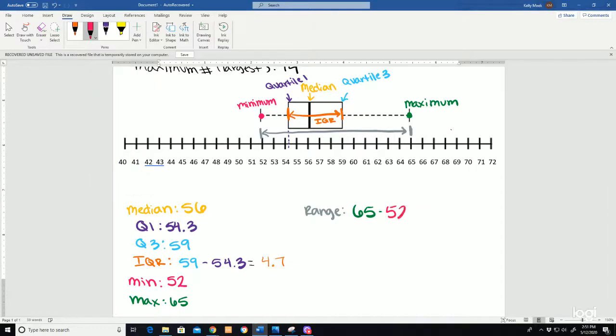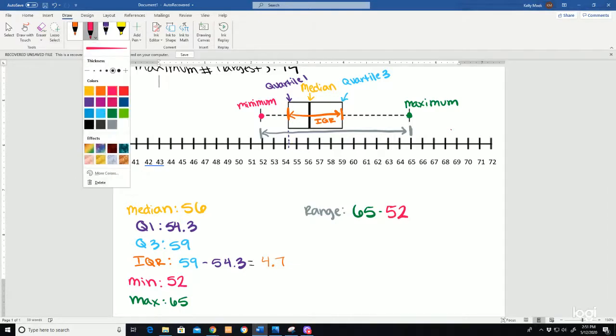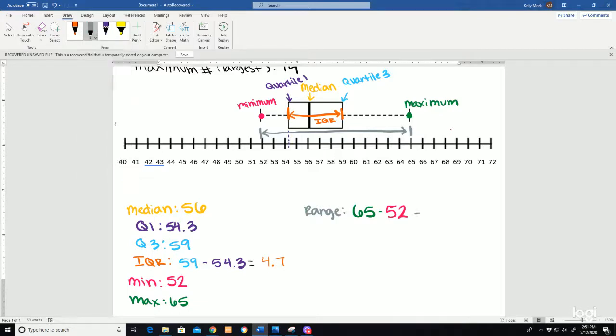So we're going to have 65 minus 52. And so that means that our range is going to be 13. This is the range, not to be confused with the interquartile range. That's something different. Okay, so there's a lot of different data that we can pull out of here.